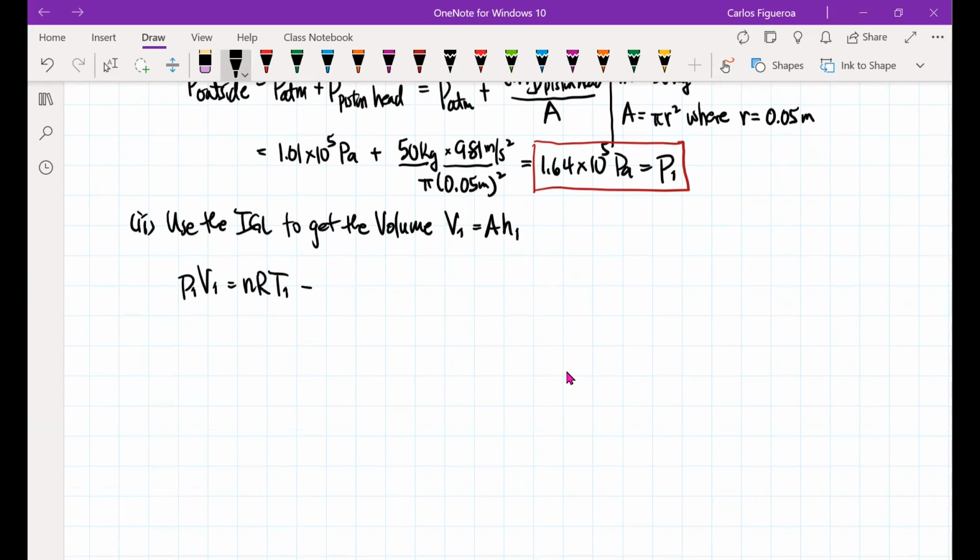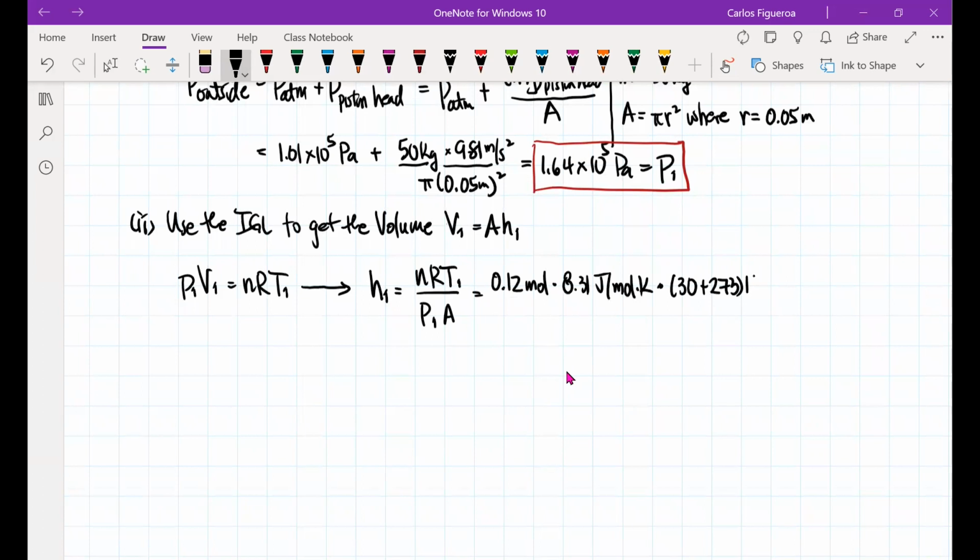Now I'm just going to solve for the volume. Note that it's going to be A times H1, but then I'm going to take the A to the other side. So then I have that H1 should be nRT1 divided by P1 times A. So let's plug these numbers in. I know the number of moles, I know the gas constant, and of course I know the temperature, which would be 30 plus 273 Kelvin.